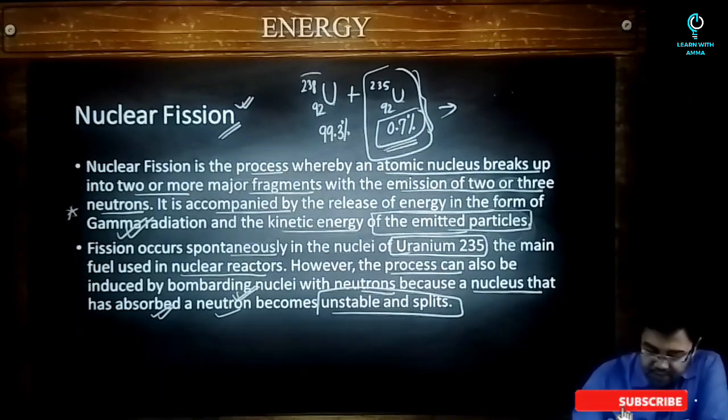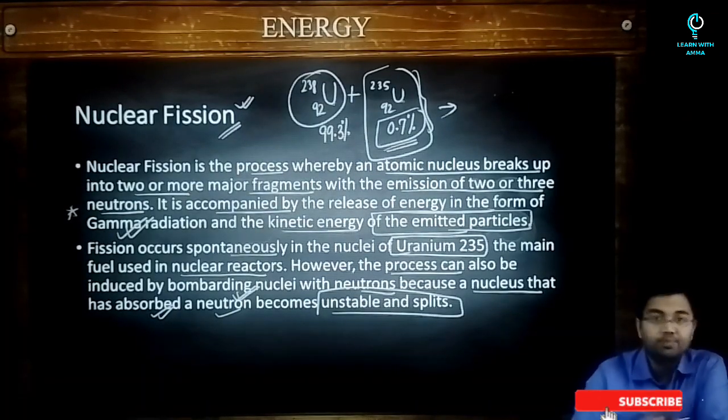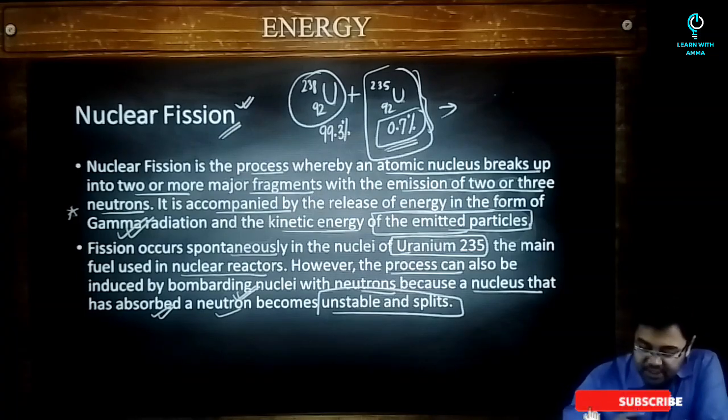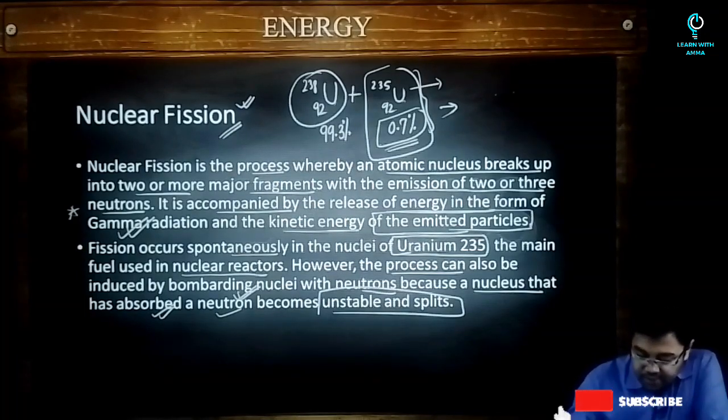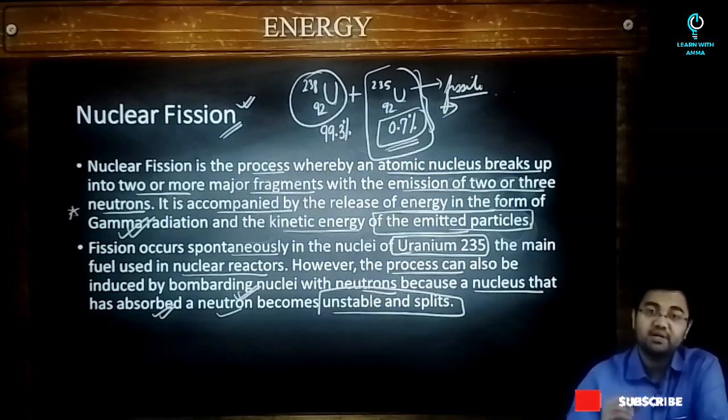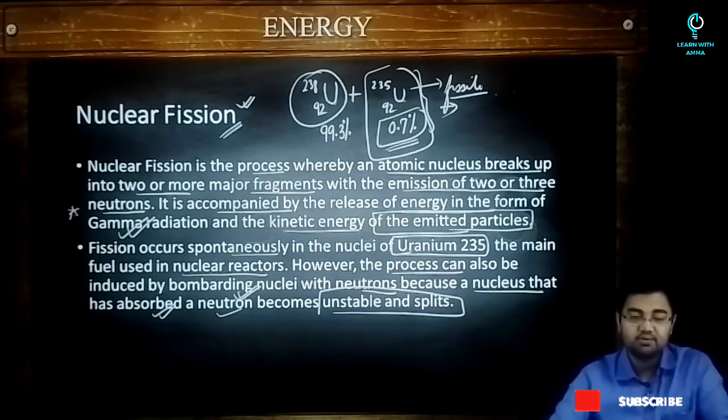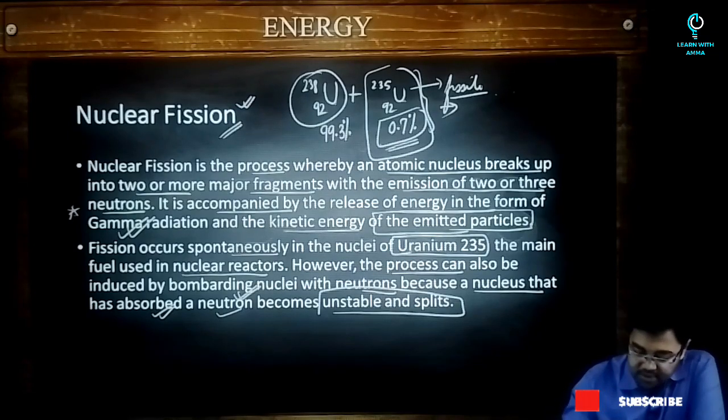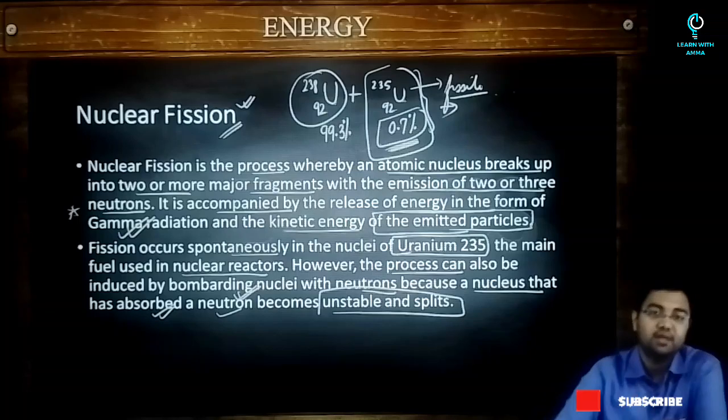Uranium-235 has to be used as a fuel. This naturally cannot be used as a fuel. So that's why this kind of uranium is also called fissile uranium, because it can undergo fission. So that's why it is called fissile. Now the problem is it is present in only 0.7% out of the entire uranium that you have.